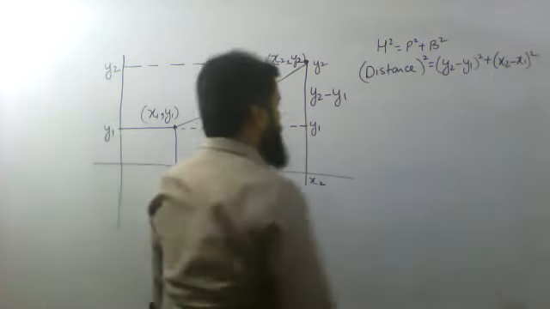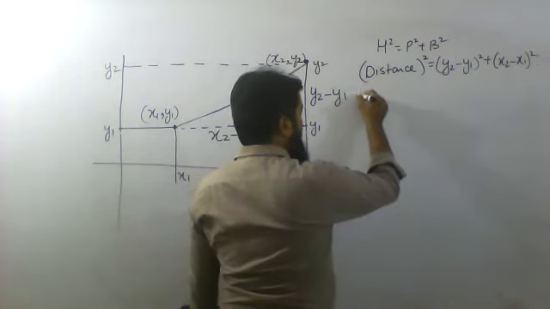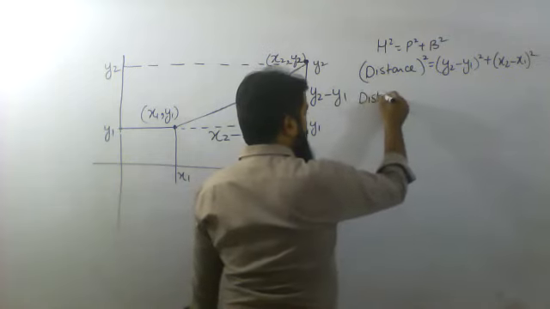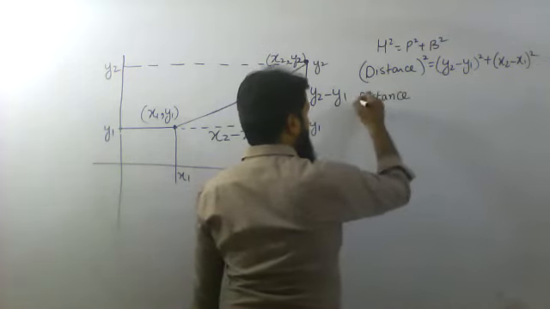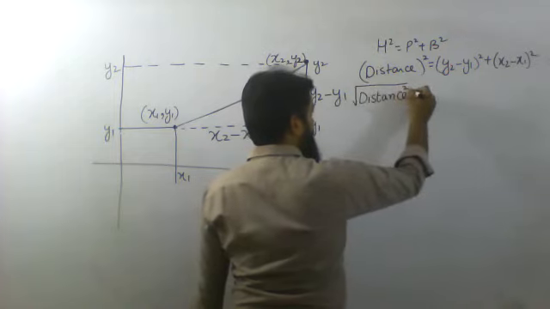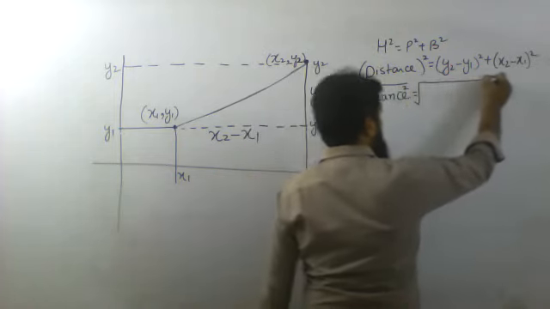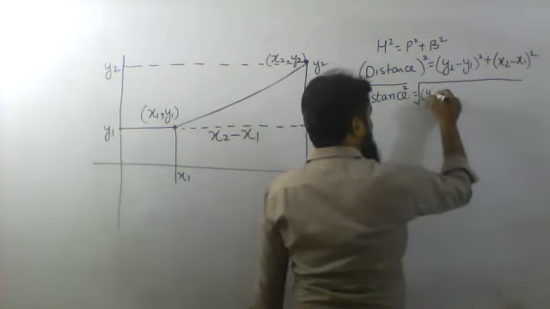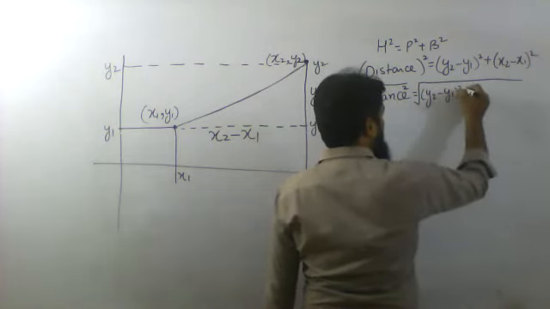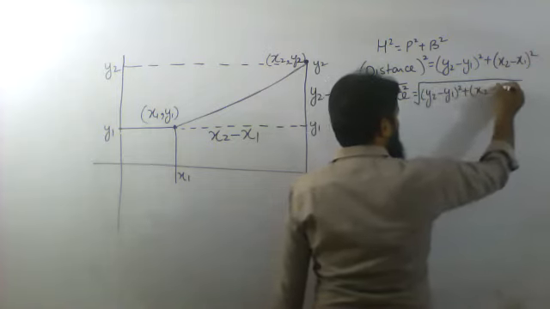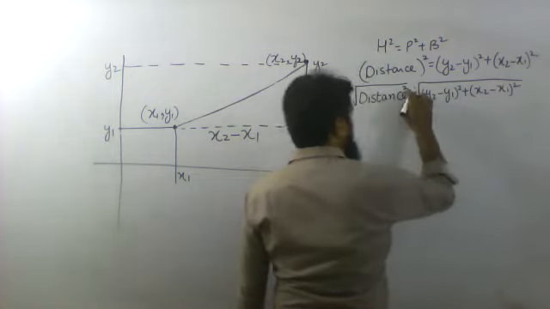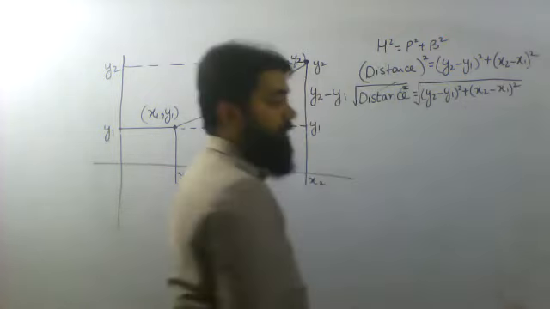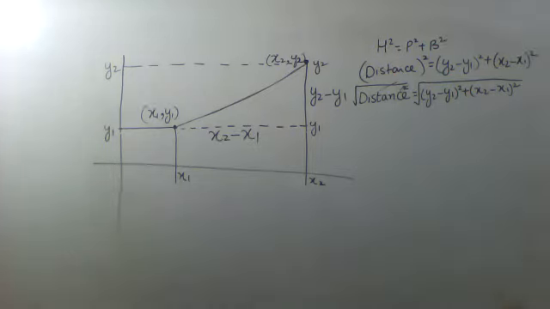Okay. So when I take root on both sides, I get root of (y2 minus y1) whole square plus (x2 minus x1) whole square. This square and this root will be cancelled. This square and this root will be cancelled.